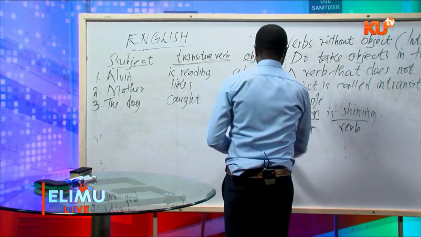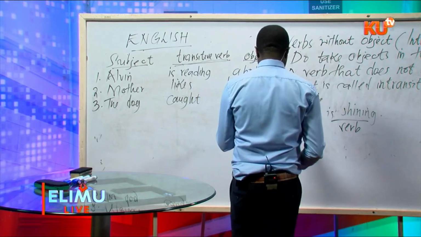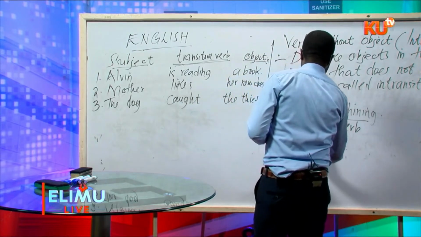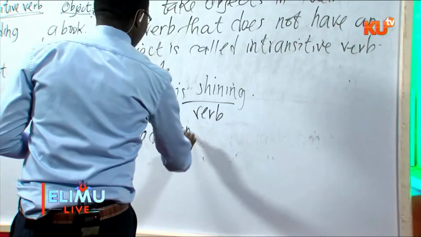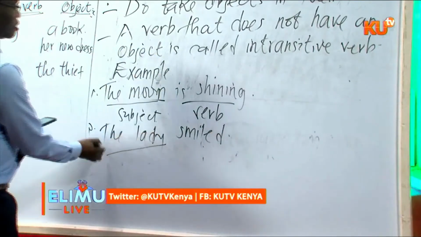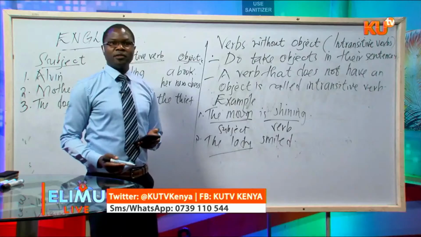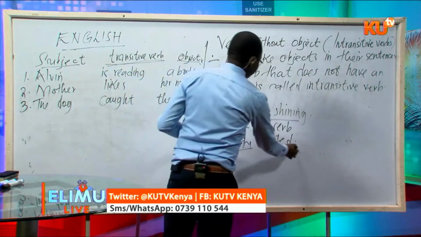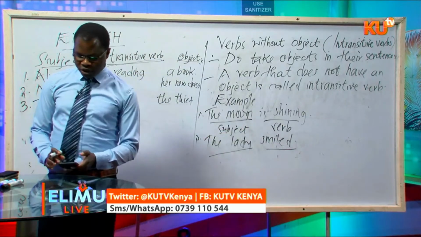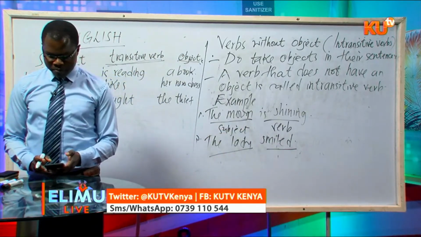Example number 2: the lady smiled. In this case, the lady is the subject and smiled is the verb, and an object is not there.